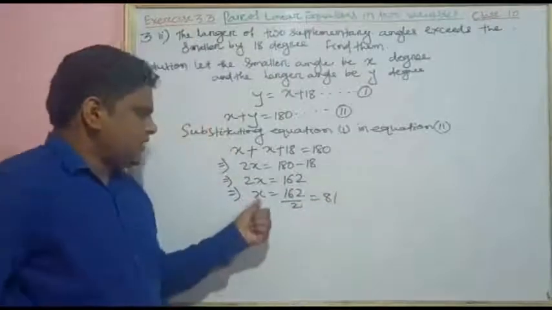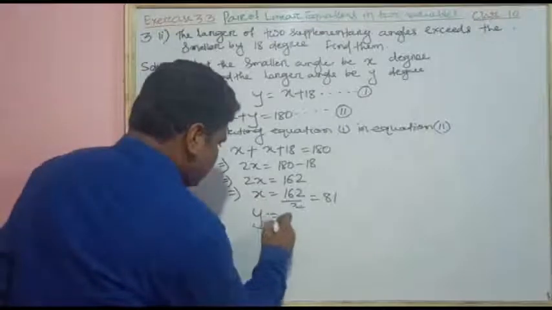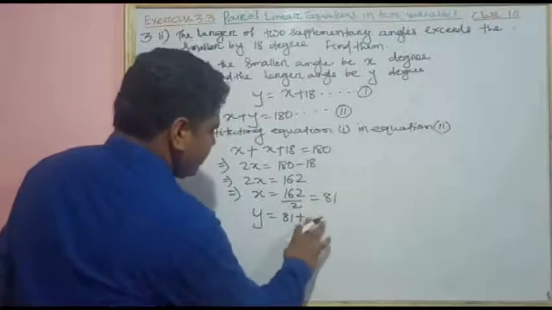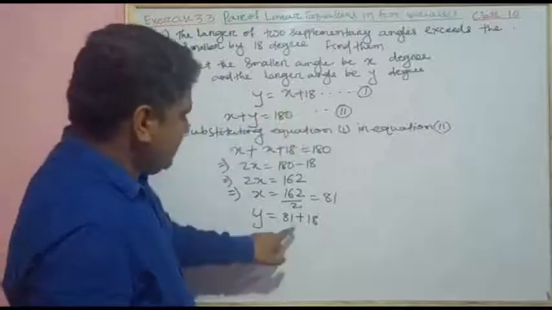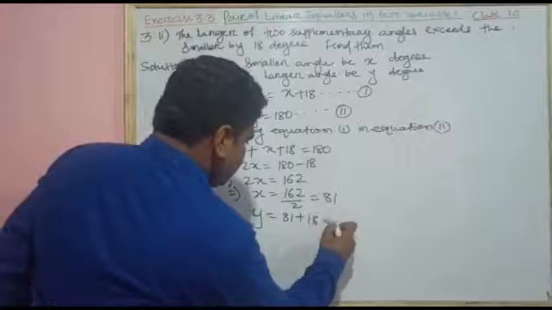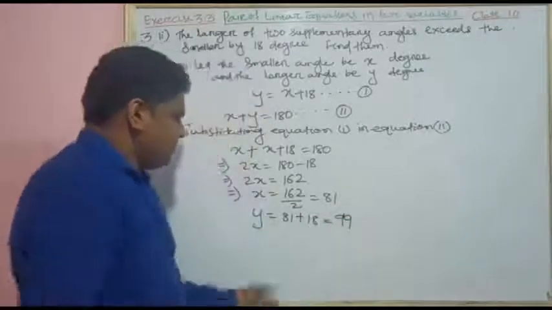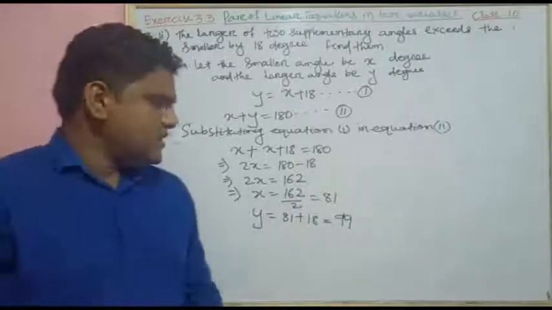So the smaller angle is 81 degree. Next, the larger angle y is equal to 81 plus 18 because it is x plus 18. It will be 99 degree. So the smaller angle is 81 degree and the larger is 99.